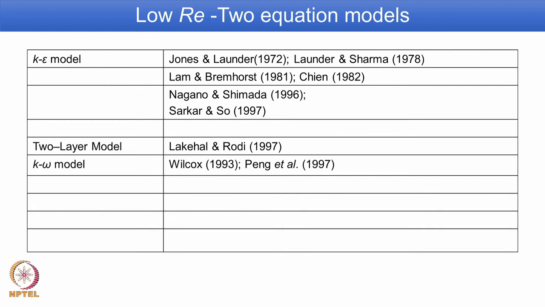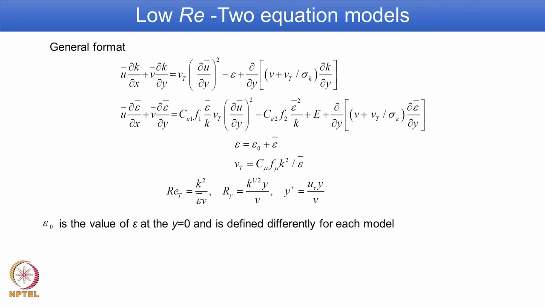I am showing here a list of low RE two equation models available or proposed in the literature. For every category, for example k epsilon model, k omega model, we have a list of proposals. I am going to show only a general format of the low RE model and then one or two variants of it. So, the general format you have here is again for a k epsilon type turbulence model: you have an equation for k and an equation for epsilon.